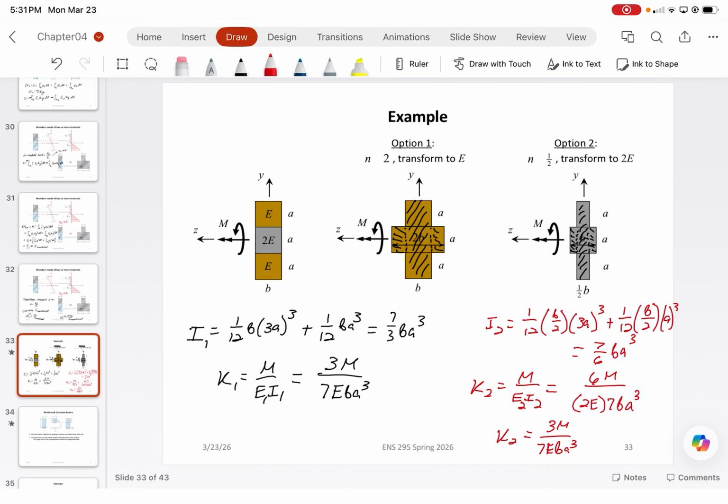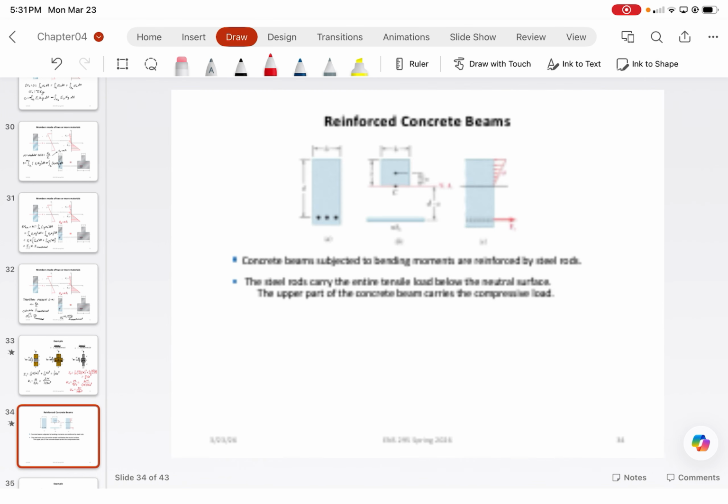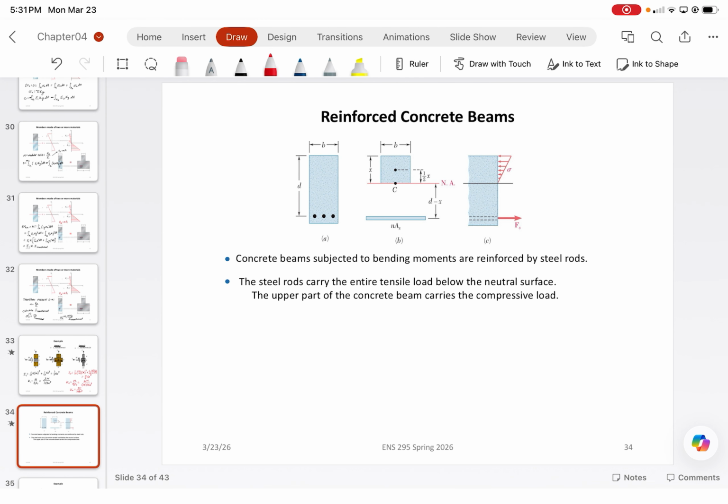But there is a particular material that especially those going into civil engineering will deal with, and that is reinforced concrete. Reinforced concrete is kind of its own separate beast in itself because of the complexity of the material, but we can perform elastic analyses using some general assumptions about the material.